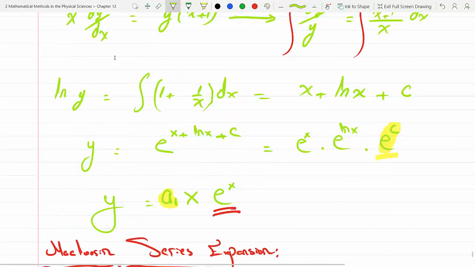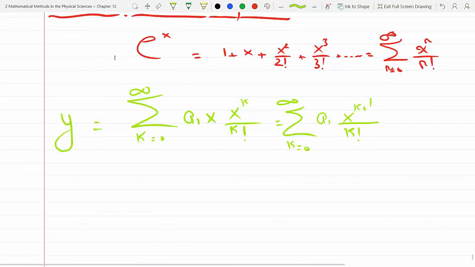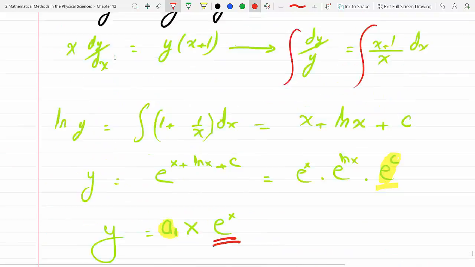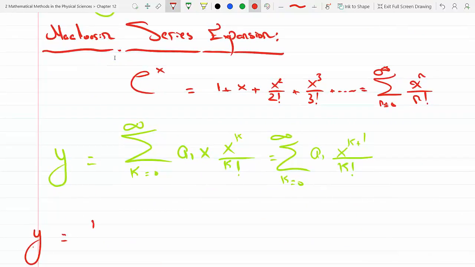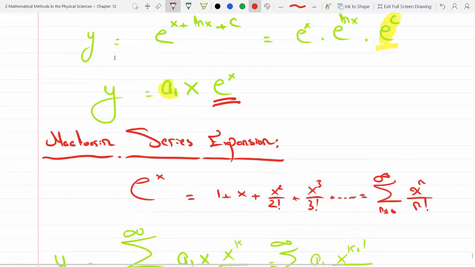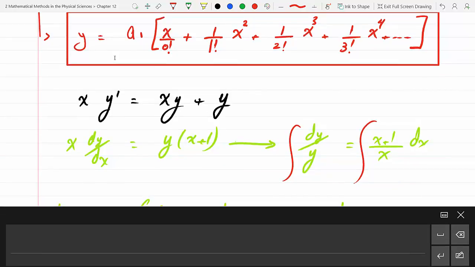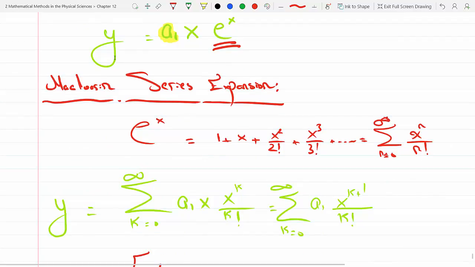If I go back to the red equation and I factor out an x, look what I get. I hate going back and forth on this. So a1 x, and if I open bracket, the first term is 1, and the second term is x over 1.